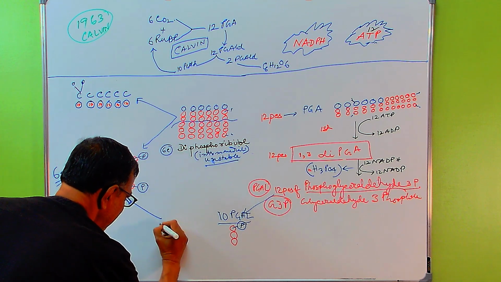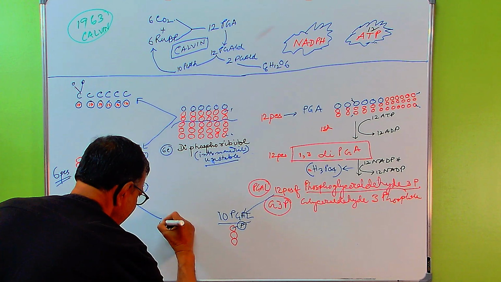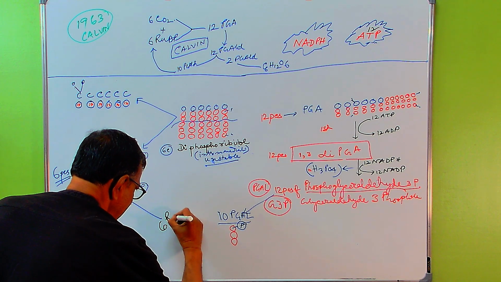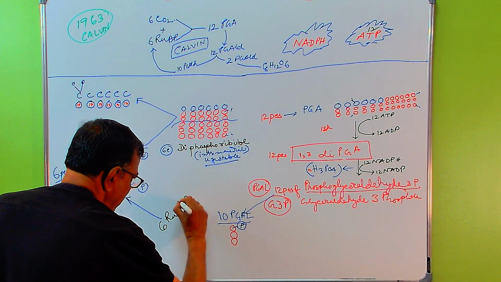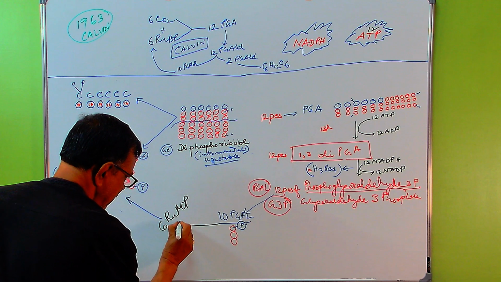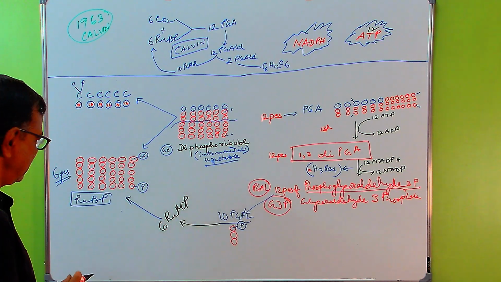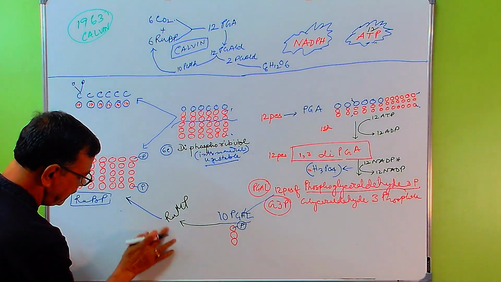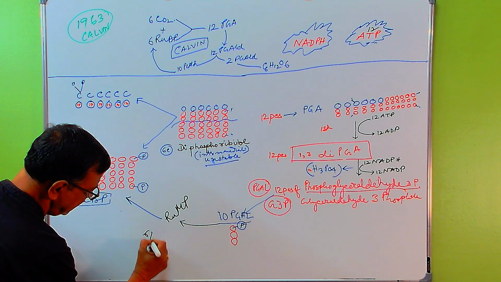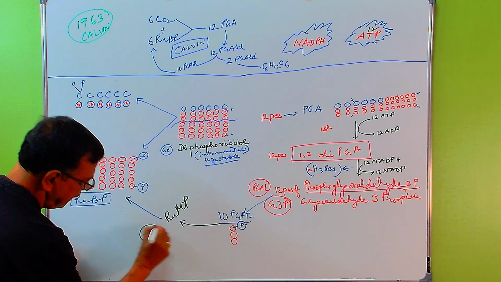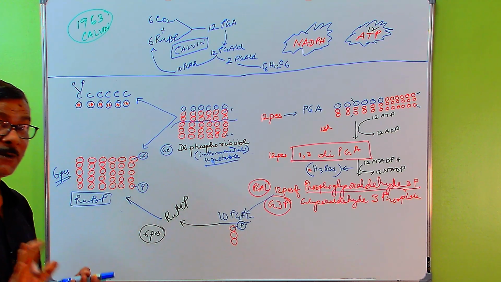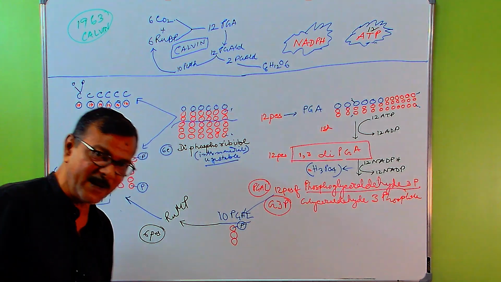See minutely. 6 ribulose monophosphate will be produced, because it got 1 phosphate.